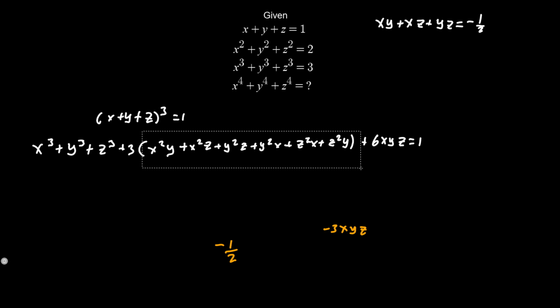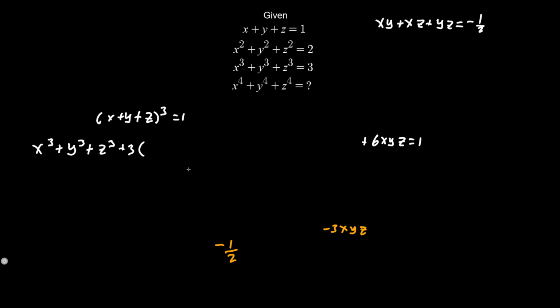We're going to do that, and we will have minus 1/2 minus 3xyz, plus 6xyz, equals 1.